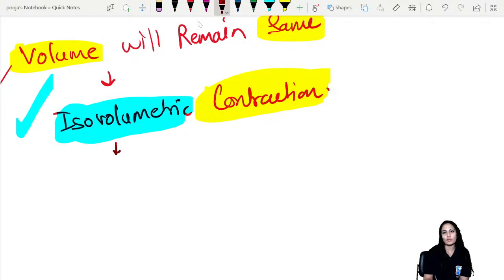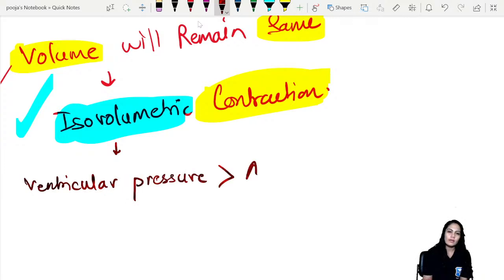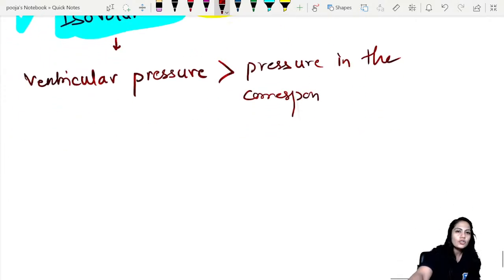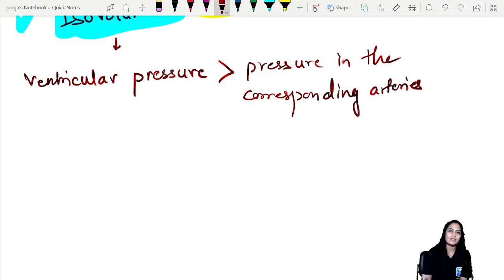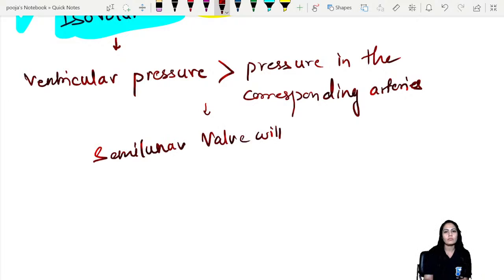After this isovolumetric contraction, the ventricular pressure will be more than the pressure in the corresponding arteries, and because of that the semilunar valve will open, right?